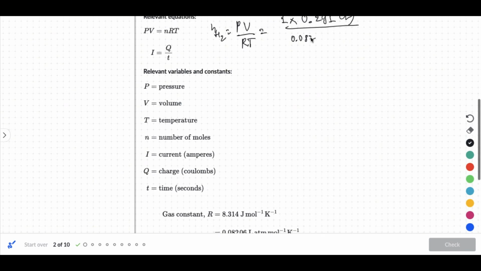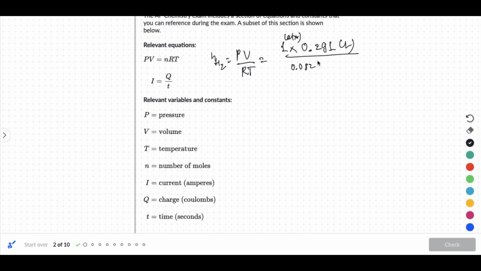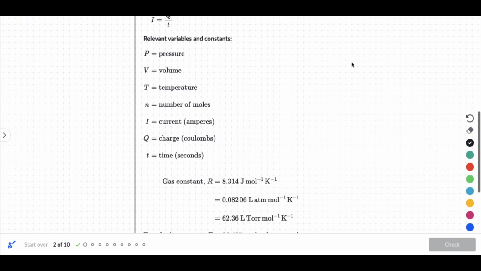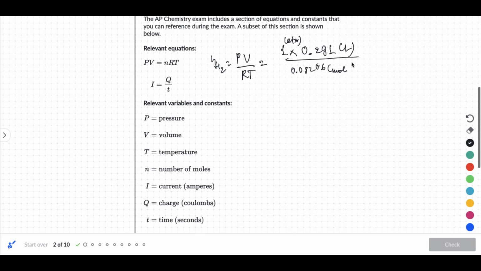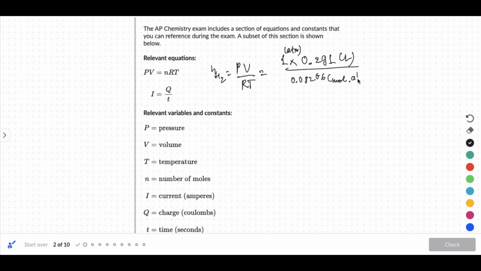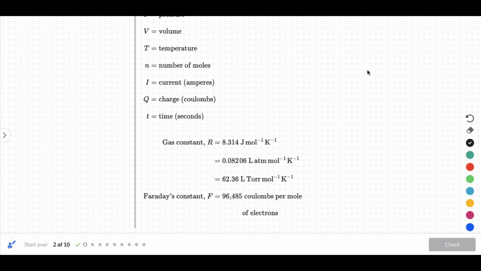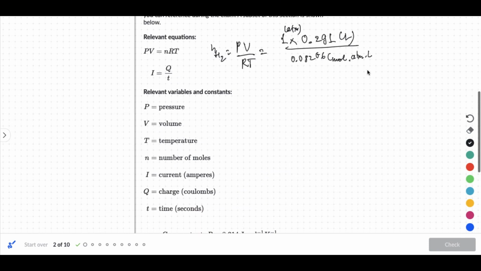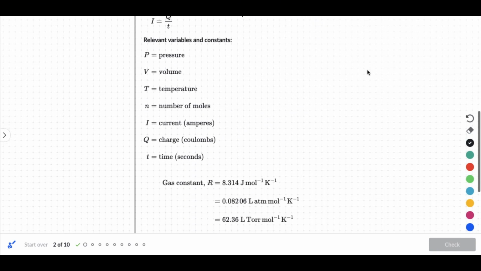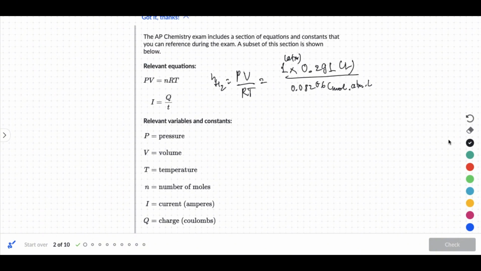0.08206 liter atmosphere, I'm sorry, it was over mole. So these things we can cross out.